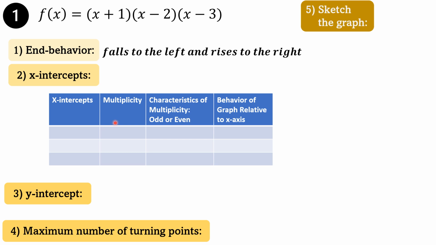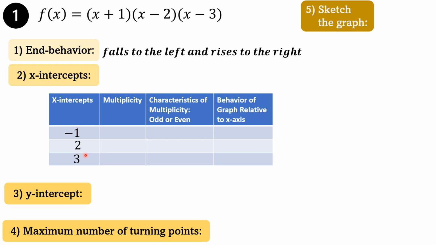The first x-intercept is negative 1 from x plus 1 equals 0. Then next is x minus 2 equals 0, so x is positive 2. Then x minus 3 equals 0, so x is 3.